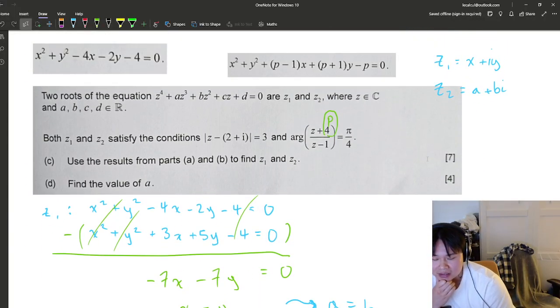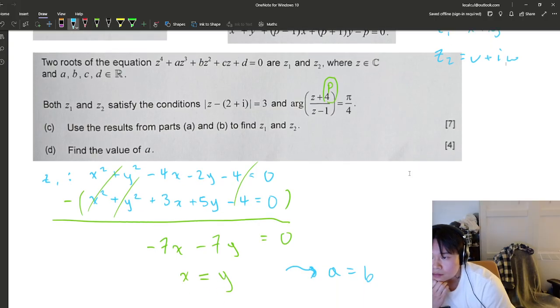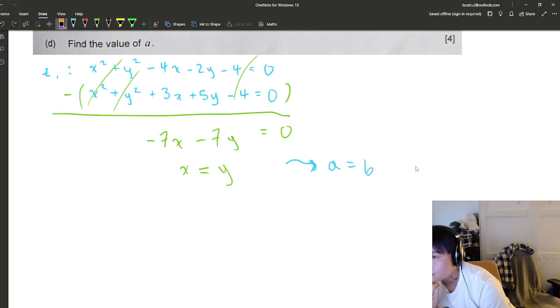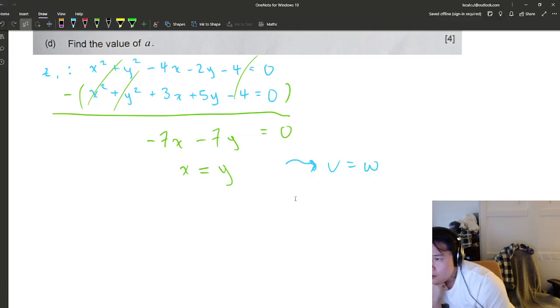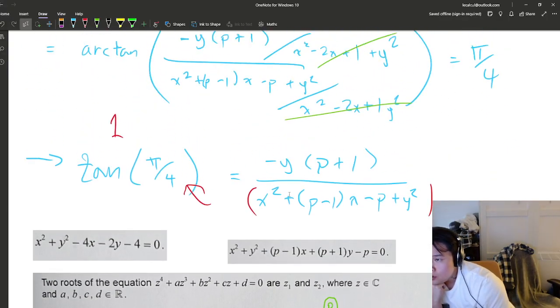Let's use, I don't know, V and W. What do I do?